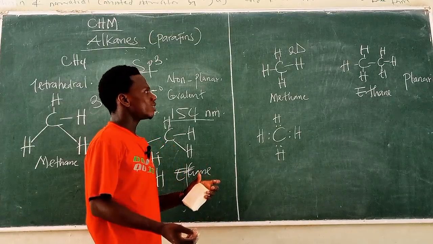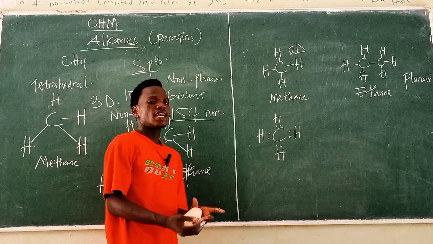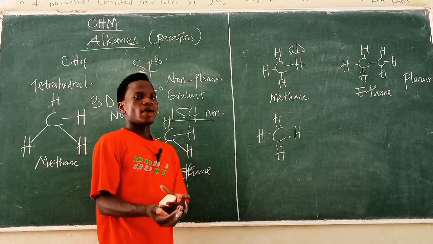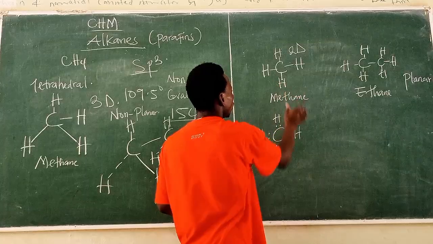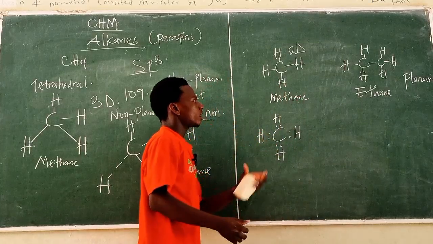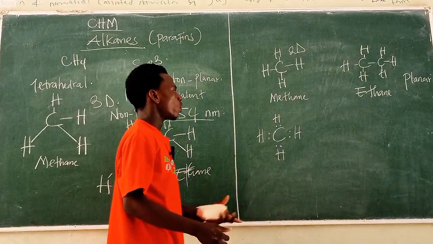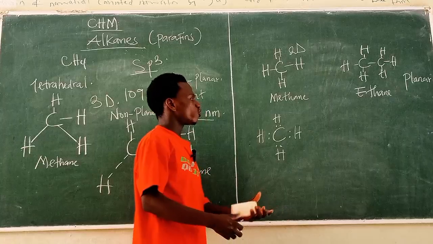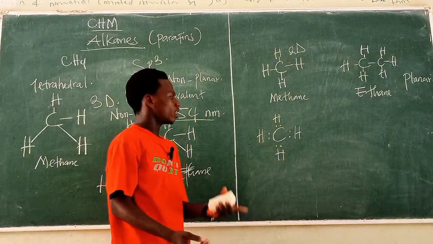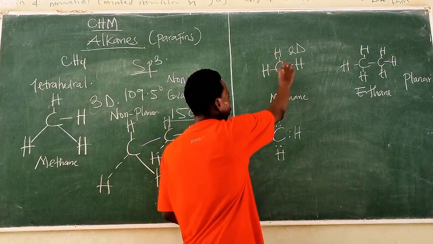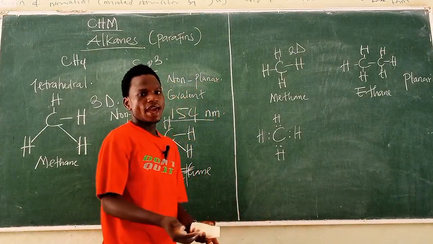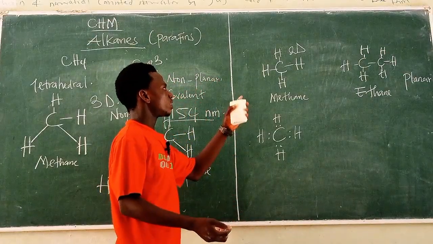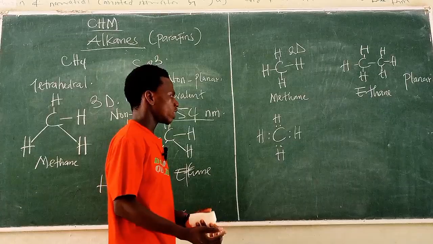But in a covalent bond, there is a sharing of a pair of electrons. So you can draw alkanes using the 2D structure or the electron dot format. Already, the covalent bond indicates that there is a pair of electrons between the two atoms that are linking together.